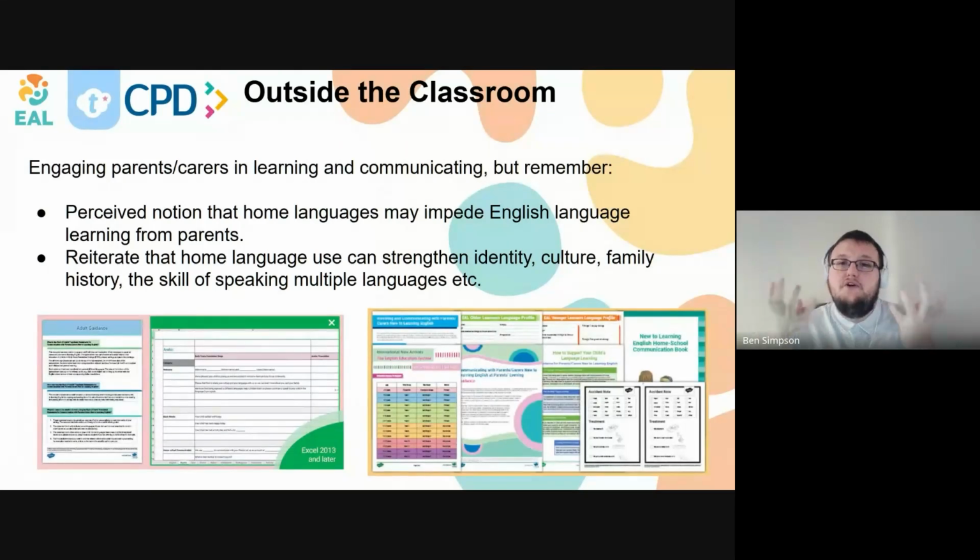We need to talk about the benefits to identity, culture, keeping up family history on the one hand, and on the other hand, how speaking multiple languages, or how one language helps the learning of the other. So locking in that multilingualism or bilingualism. We have some excellent resources here which will help you engage with parents and carers who might be new to English, and also some translated statements there.